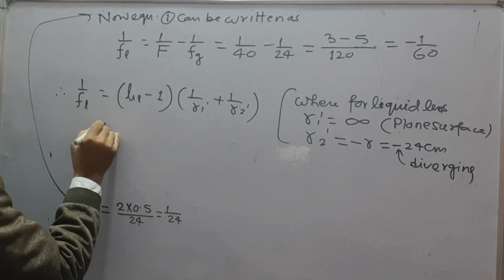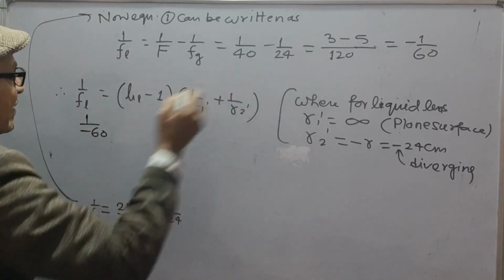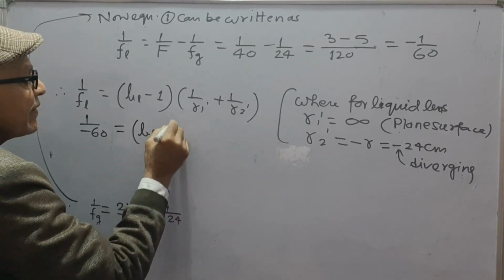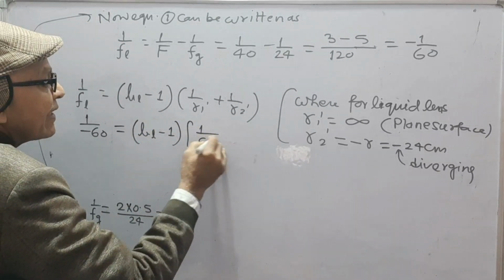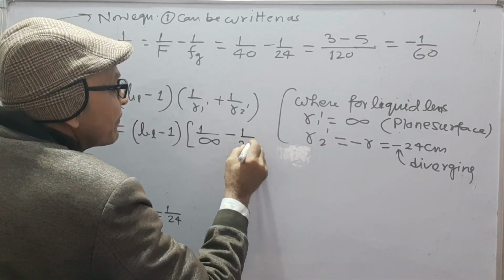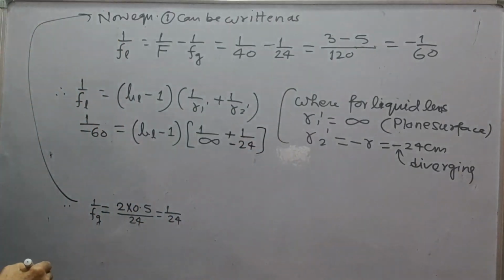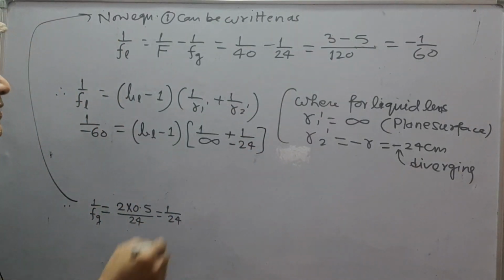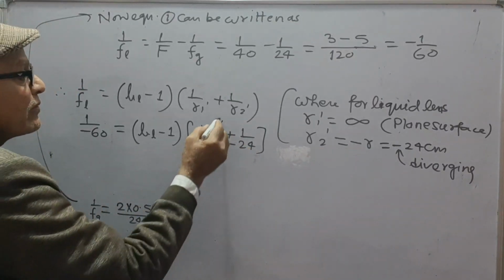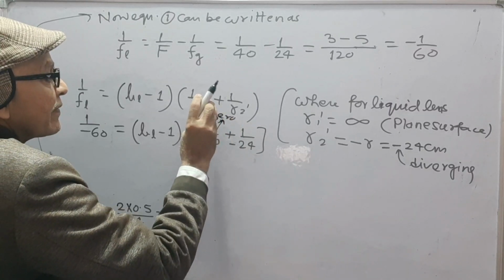So 1 upon minus 60 is equal to mu L minus 1 into 1 upon infinity minus 1 upon 24. 1 upon infinity is 0.